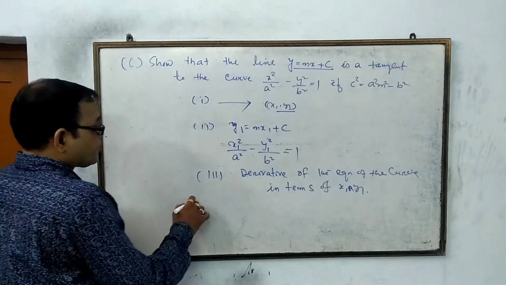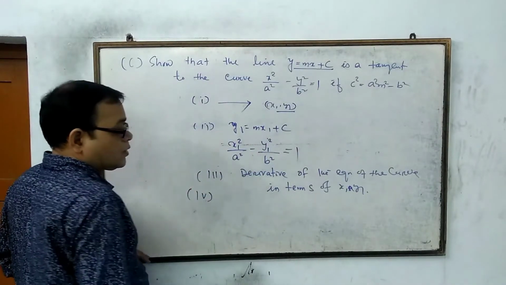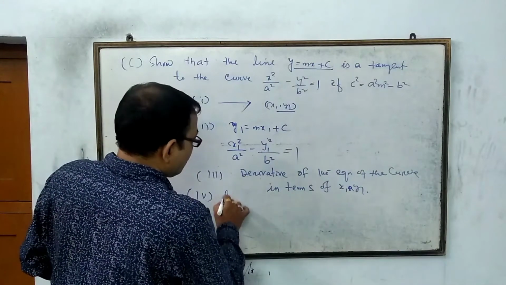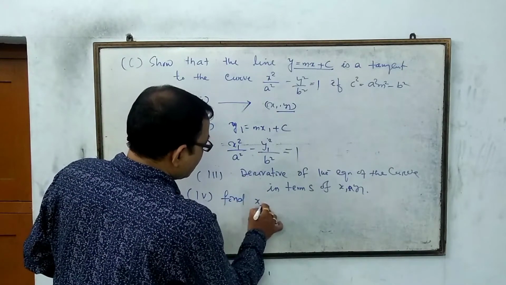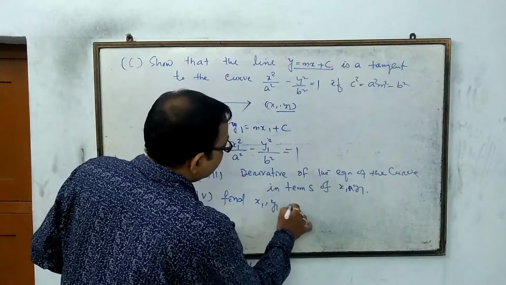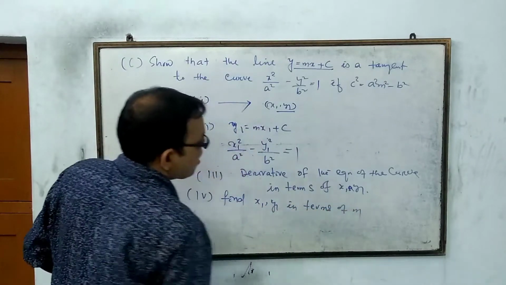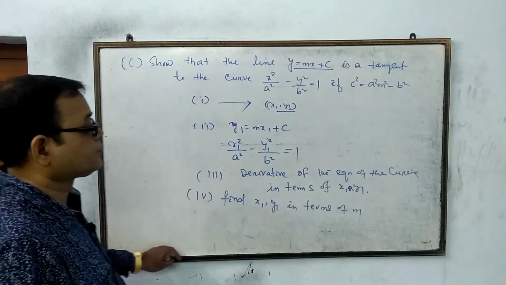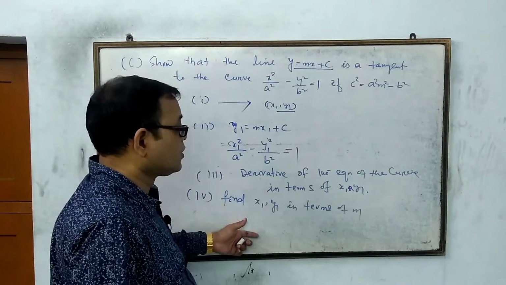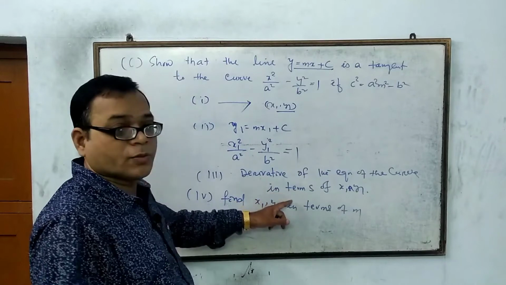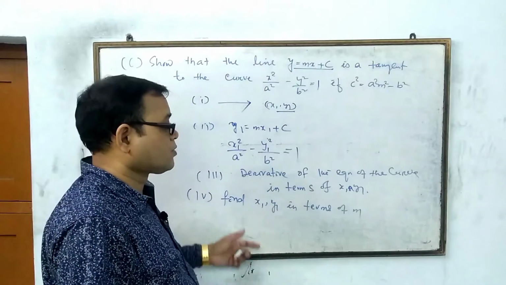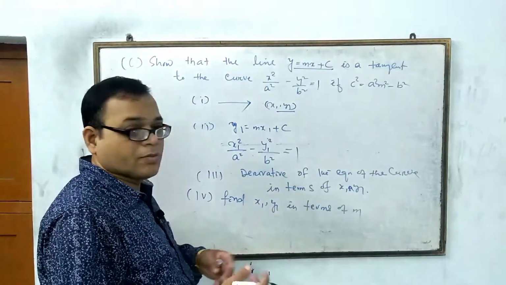Fourth step, find x1 and y1 in terms of m. We have got it. How? This derivative is taken to be m, and y1 is equal to y1, and x1 will be obtained.